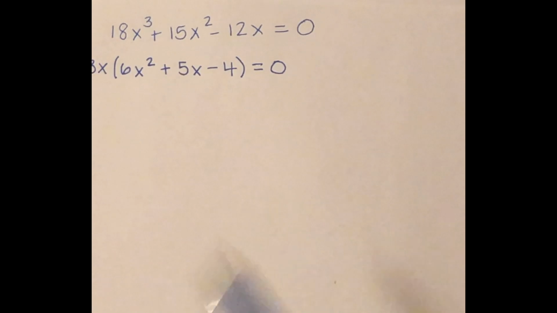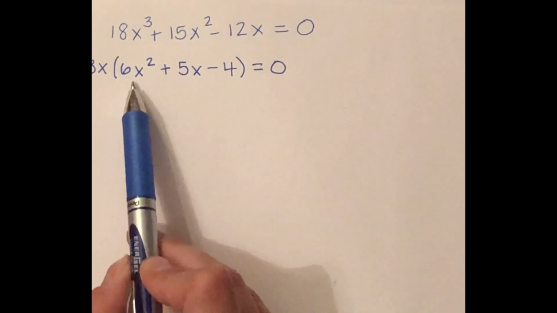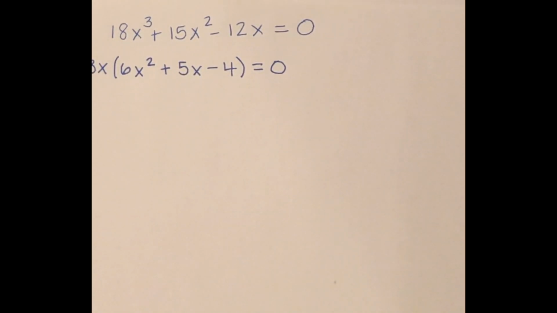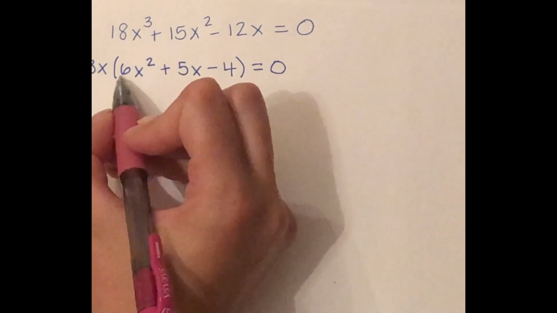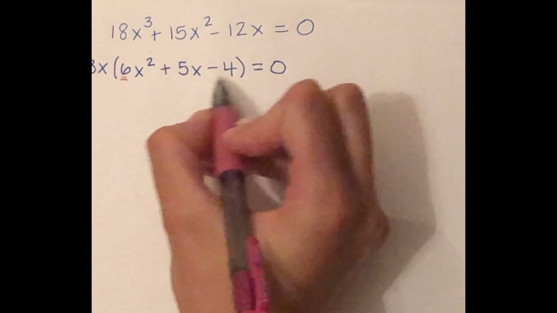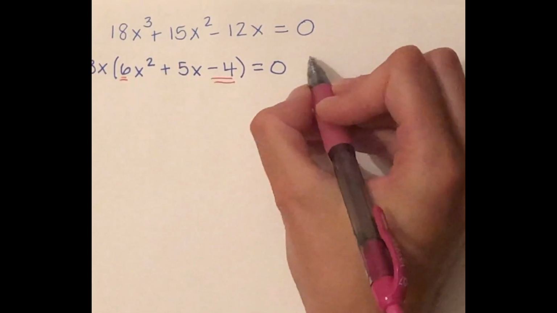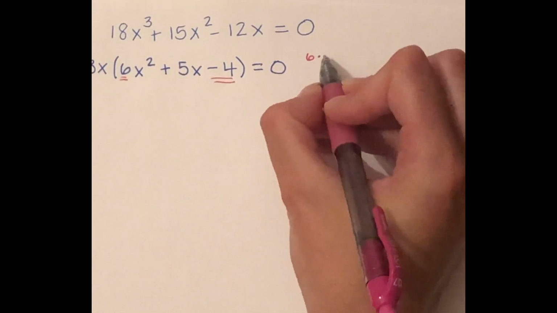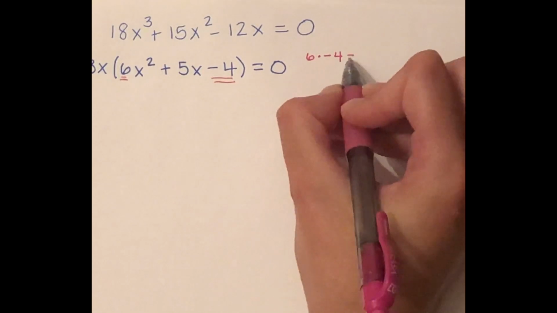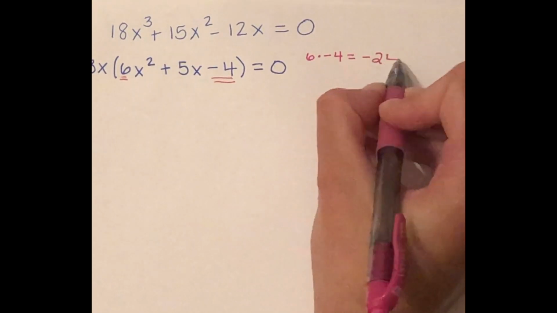So I'm going to go ahead and now focus in on this inside trinomial, and I'm going to factor it exactly like Mrs. Sullivan did. So multiplying our a times our c, 6 times negative 4 is negative 24.